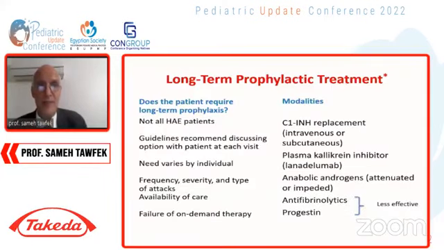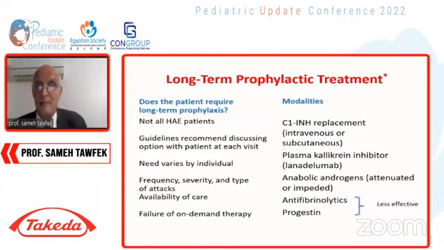Long-term prophylactic treatment. Does the patient require long-term prophylactic treatment? Actually, not all hereditary angioedema patients require it. The guidance recommends discussing options with the patient at each visit. Needs differ between individuals: frequency, severity and type of attacks, availability of care, and failure of on-demand therapy.